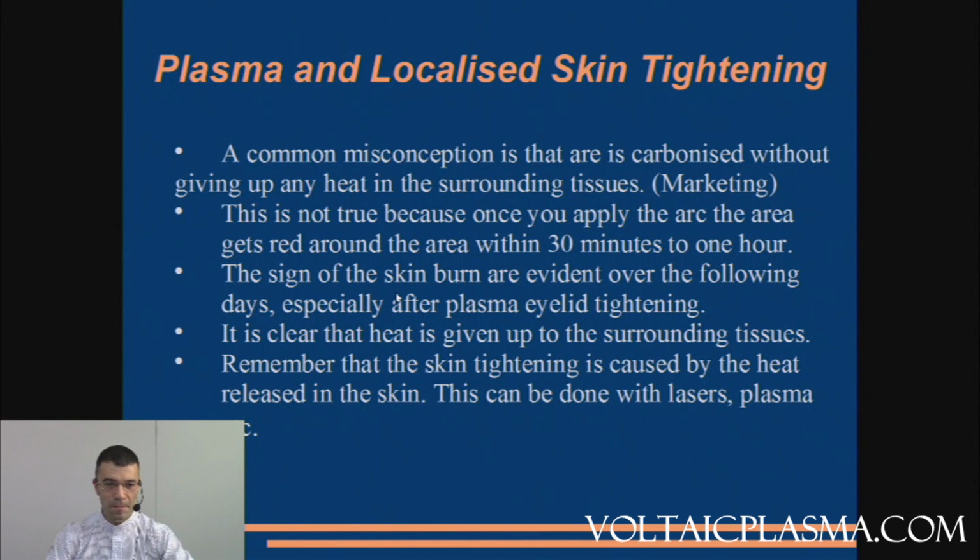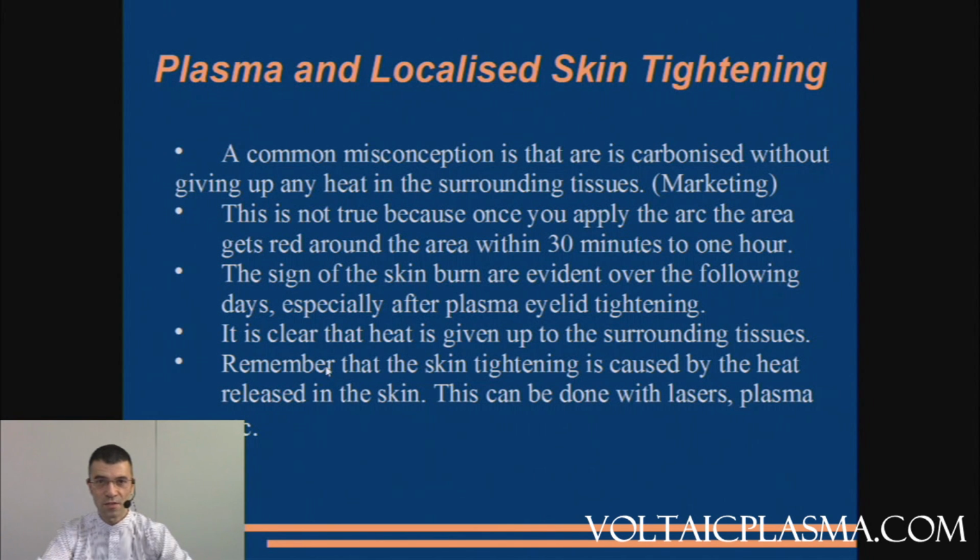And this is also very clear that a certain amount of heat burn is caused onto the skin when you apply plasma onto the upper eyelids, because the day after you're going to get a certain degree of swelling, which occurs anyway regardless of the device you're using. And this applies with plasma, lasers, or any other similar devices.